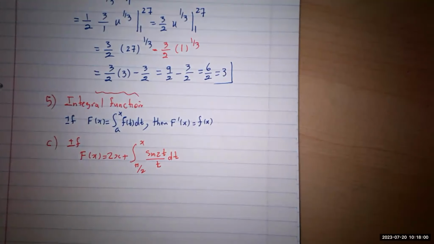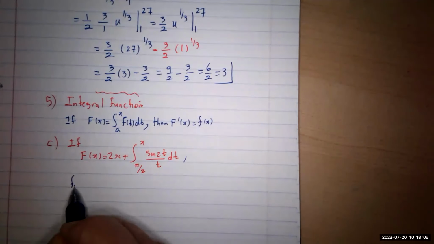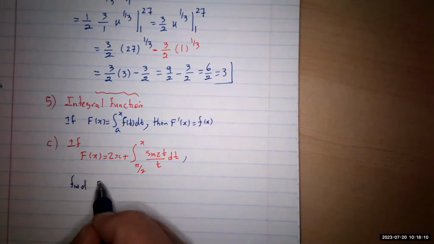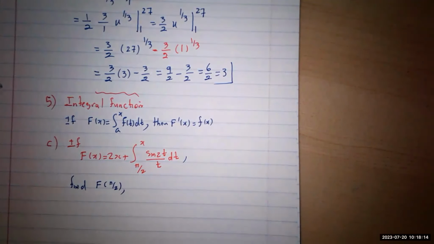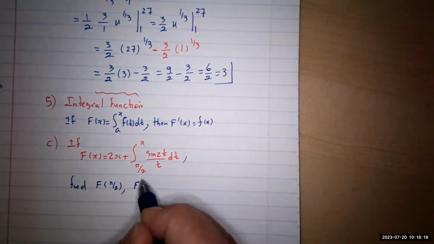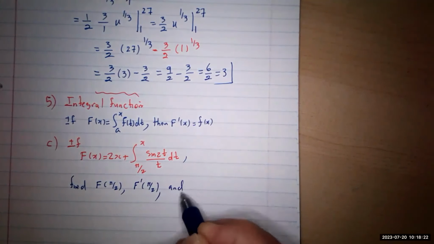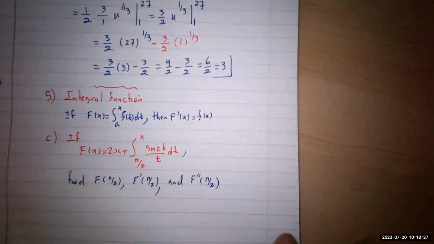So that's why we call it an integral function. This is given to you, then we ask you to find the following three values. Find f of pi half, the value of the function. Find f prime of pi half, and find f double prime of pi half. So this is going to be a question we are interested in.